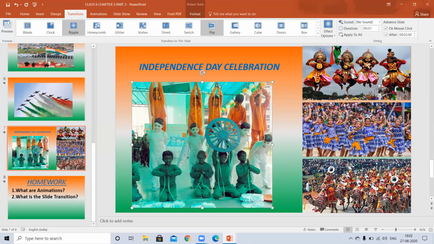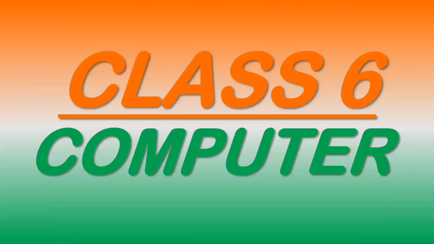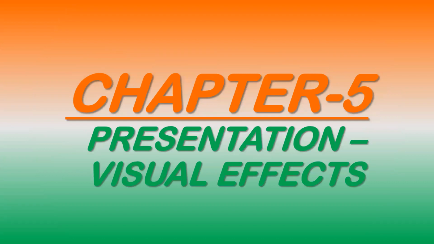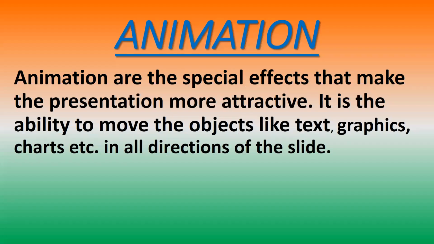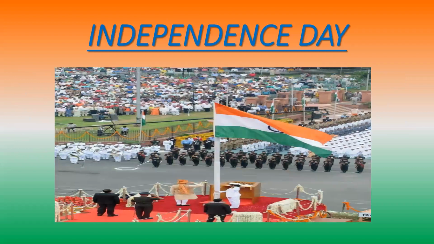Now I will run it and show you which effect I gave here, slideshow from beginning. Just after 2 seconds, automatically it will start. Next slide, it is coming. Transition. Yeah, this is the animation effect on different objects.